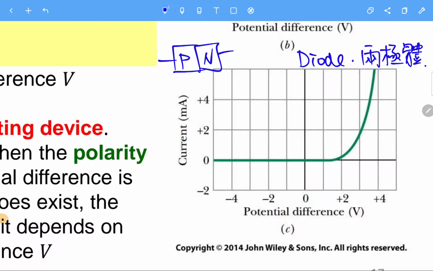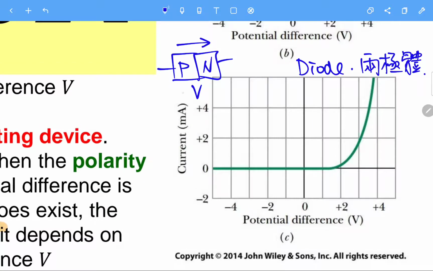In this way, the current can only go in one direction, which means that as long as the voltage is higher on the left side, the current can go to the right side. If the potential difference is lower on the left side, there will be no current going from right to left. It makes current go only to the right side.